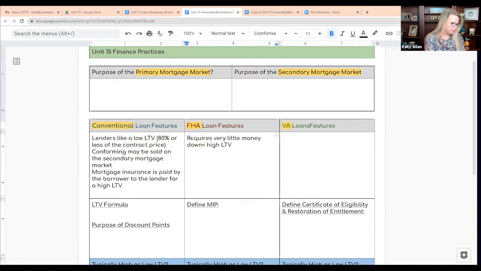The government insures the loan. So the FHA insures lenders against loss if borrowers default. So the FHA provides insurance if the borrower defaults.